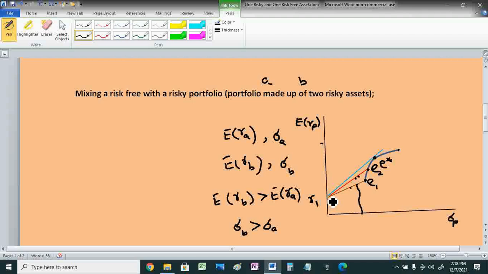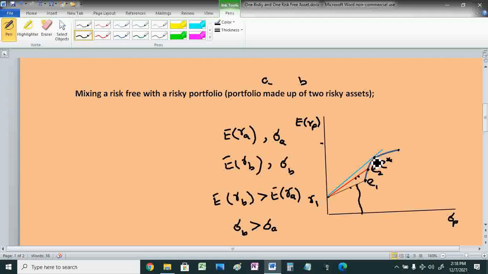So if we are here, this means that all savings are allocated to risk-free security, and when we are at E star, then this means that all the savings have been allocated to the portfolio of risky securities, which is made up of these two securities, A and B.